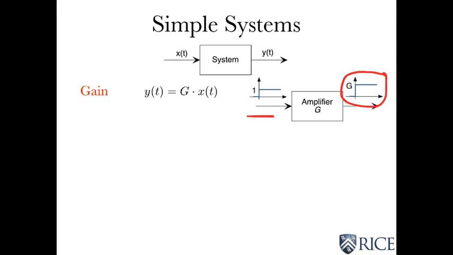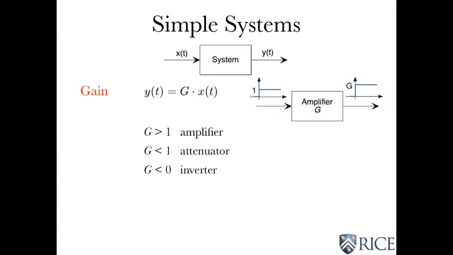This special case that I've indicated here of an amplifier has to do with the fact that if g is bigger than 1, the terminology is that it is an amplifier. It makes things bigger. It amplifies. There are cases in which g is less than 1, in which case it serves as an attenuator. It makes things smaller. And finally, a somewhat confusing terminology, if g is negative, it's called an inverter. So it does not mean take the reciprocal.